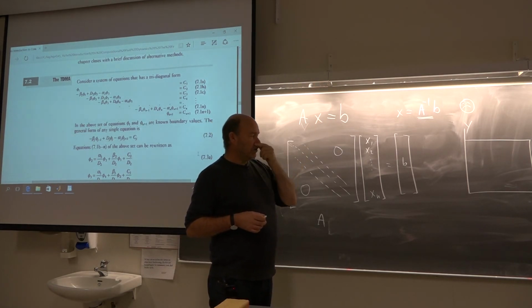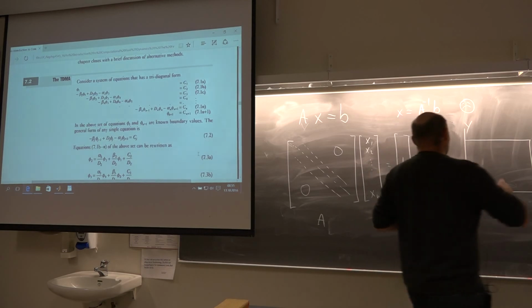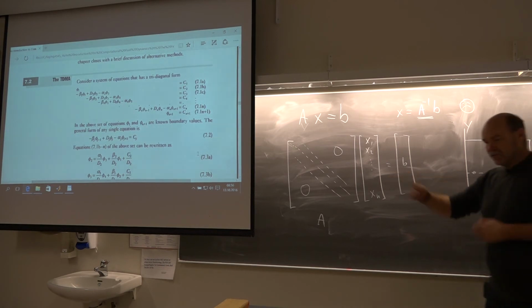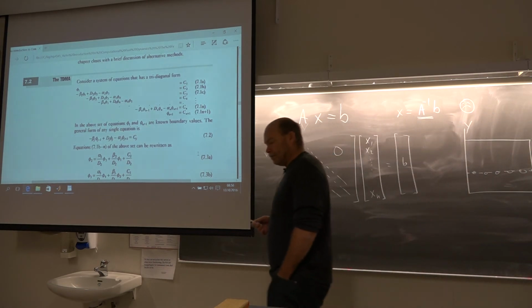So how do I do it? If I look at a line here in the x direction, along this line I will have, say, 100 unknowns discretely distributed along that line.